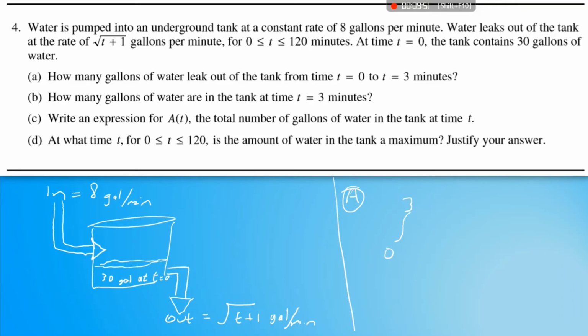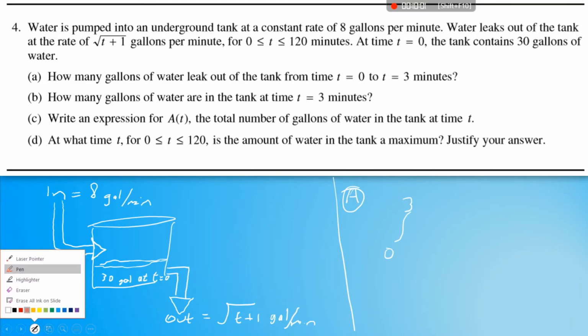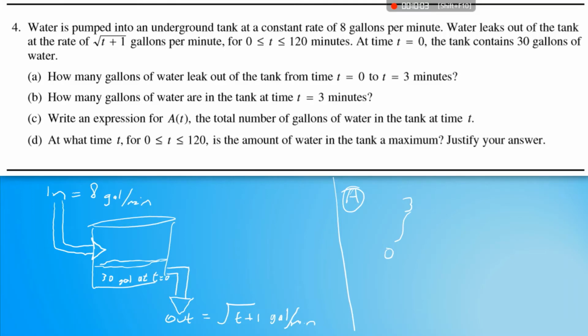Okay, which rate? So we've got 2: the increase minus the decrease. I'm going to hold that, because we'll need that for part B. But for part A, we're just looking at how many gallons of water we're leaking out of the tank. So we don't care about the water coming in or how much water is actually in the tank right now.